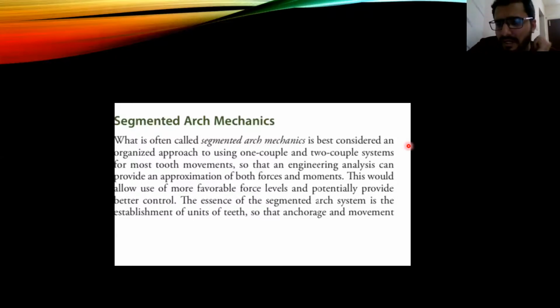Beta titanium wire, TMA wire was given by whom? Guys, come on, answer.